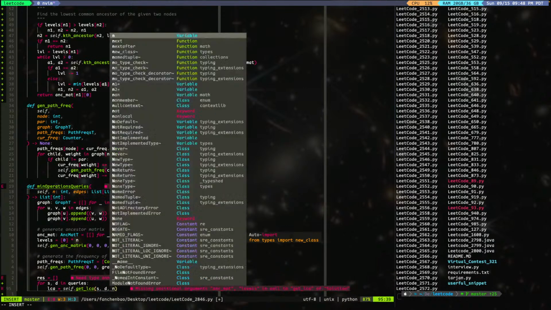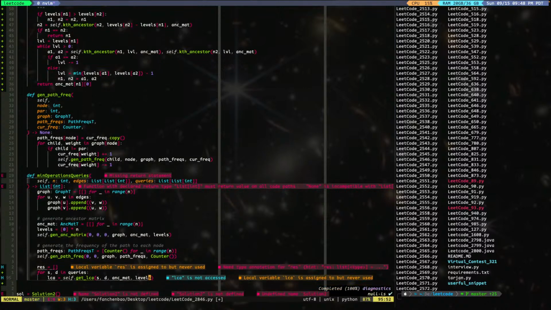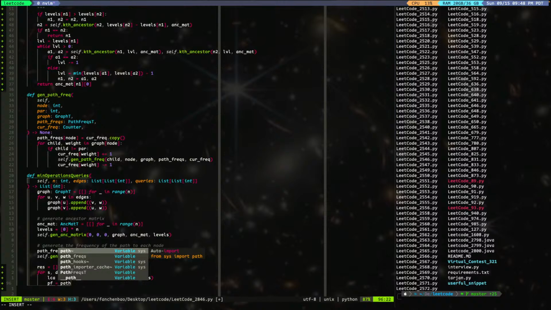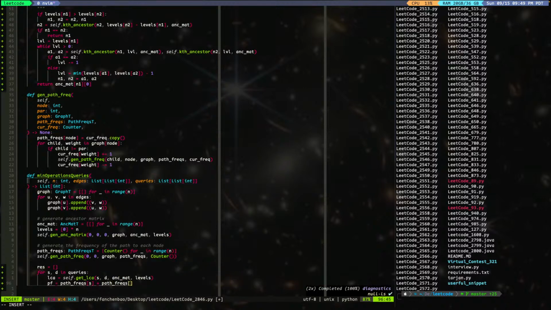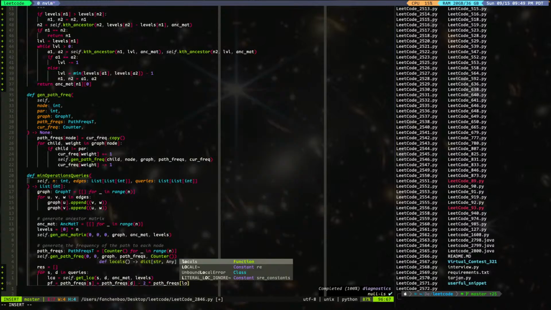Now the path frequency PF shall equal path frequency S plus path frequency D minus 2 times path frequency LCA.